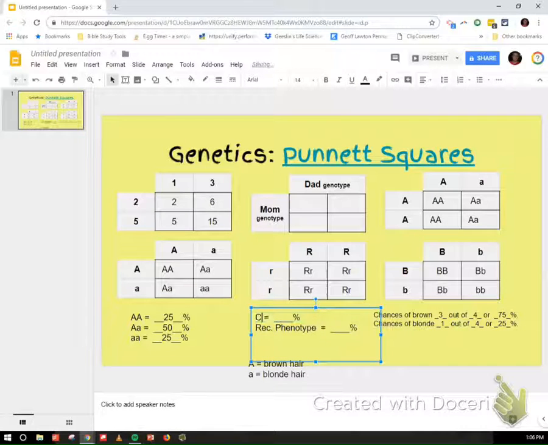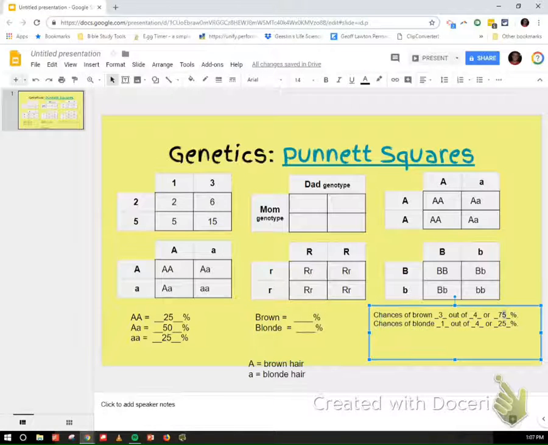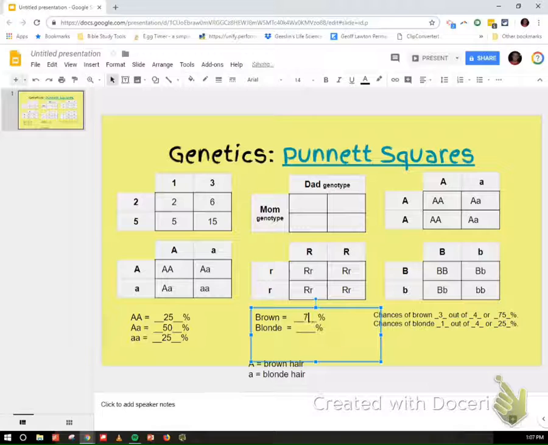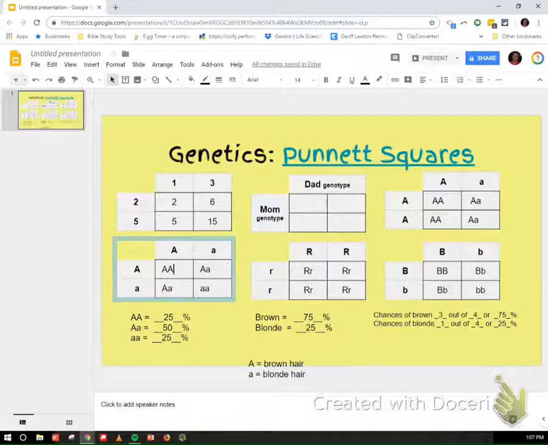This one would be brown. This one would be blonde. So in this case, the percentage that are brown is 75. And if you have to do the whole 1 out of or 3 out of, then you can, but eventually you'll get to the point where you don't have to do that. You'll know each of these is a quarter, 25%, and add them up.